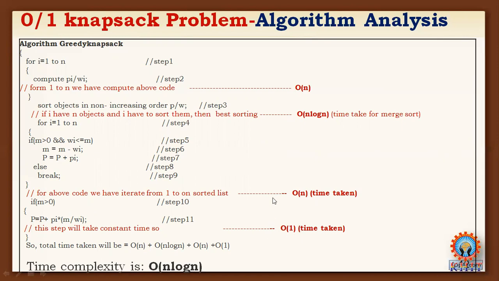So when finding the analysis of an algorithm, you need to add the total computation time: order of n, order of n log n, again order of n, and order of 1. This is the generated expression.